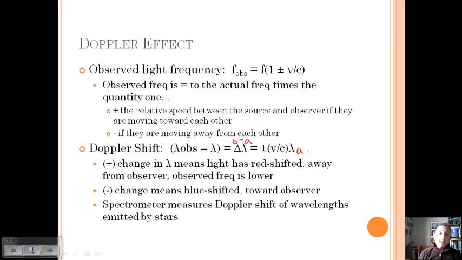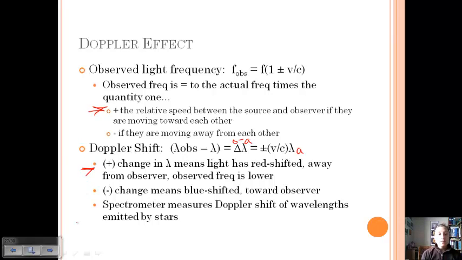We would use plus there if the light is redshifted, which means it's moving away from the observer, and that means you're going to observe a lower frequency. We would say it's negative if it is blueshifted, which means it's moving toward the observer. So between frequency and wavelength, we do opposites. With frequency, positive was moving toward, and here positive is moving away.